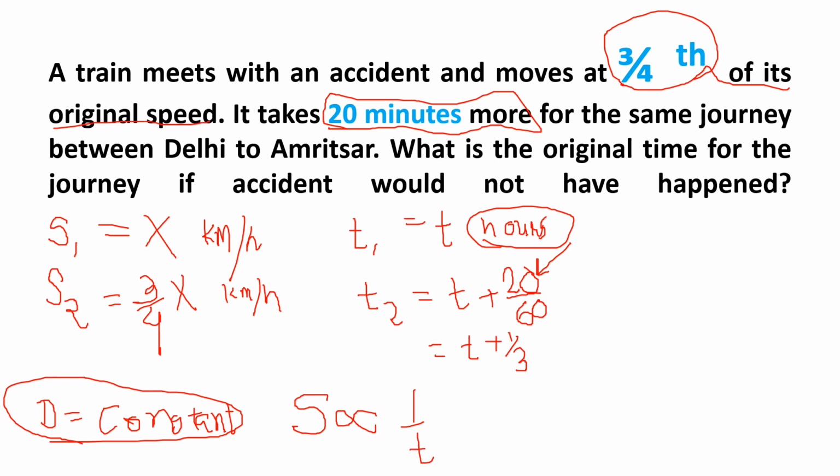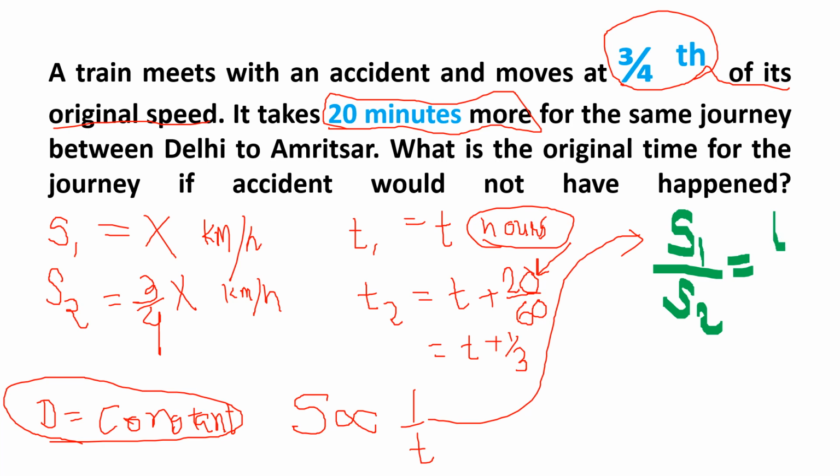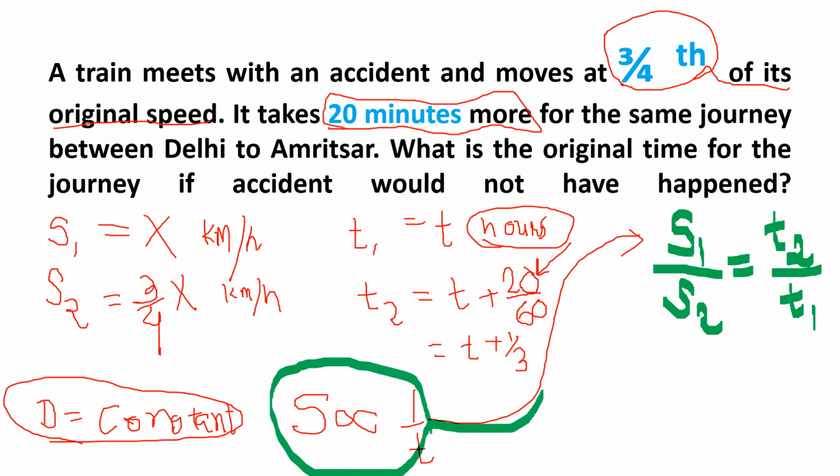So this suggests S1 divided by S2 is equal to T2 divided by T1. From here, I can derive this.